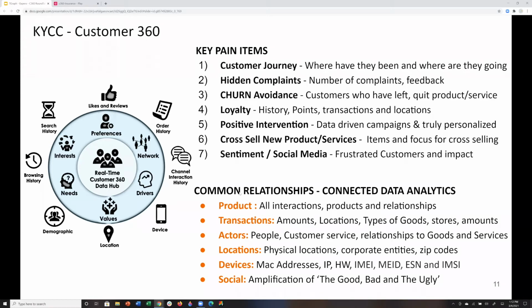If we have data-driven campaigns and really personalized outreaches to say, come back, we have something new and better for you, and we know based on your experience that you've wanted this for some time, and we're really excited to share that with you. So having those kinds of interventions and those moments enables quite naturally how we can cross-sell new products and services, because we've brought them back in and now we have something new to share.